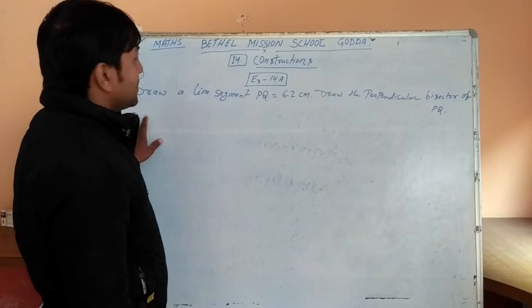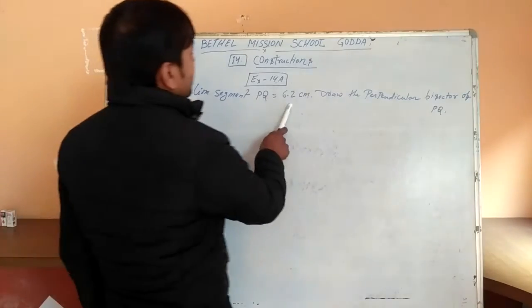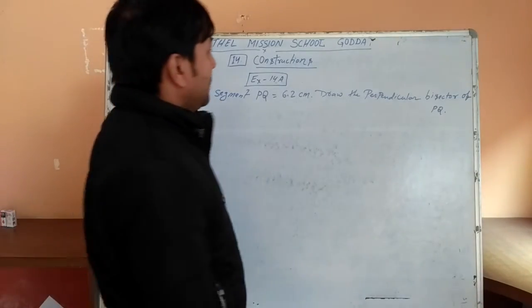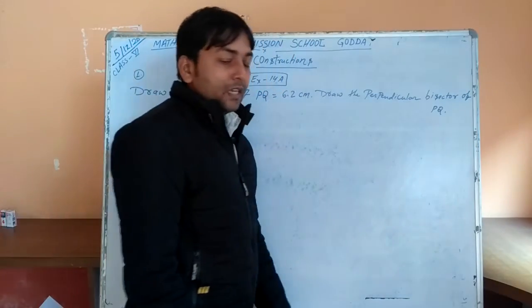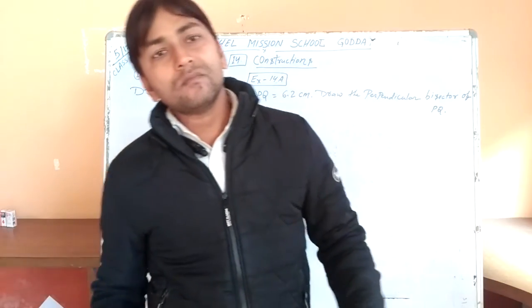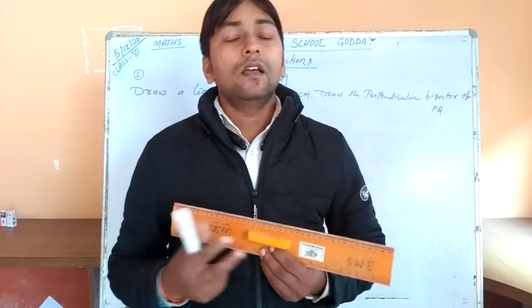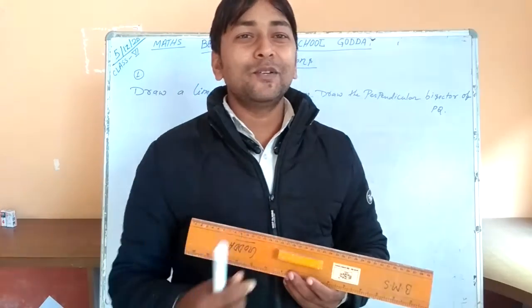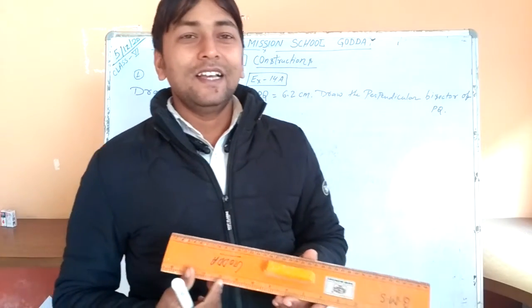One question. First question says that draw a line segment PQ 6.2 centimeter. Draw the perpendicular bisector of PQ. Question says, with the help of your scale, this is my scale, you will take your scale, that is smaller in size.